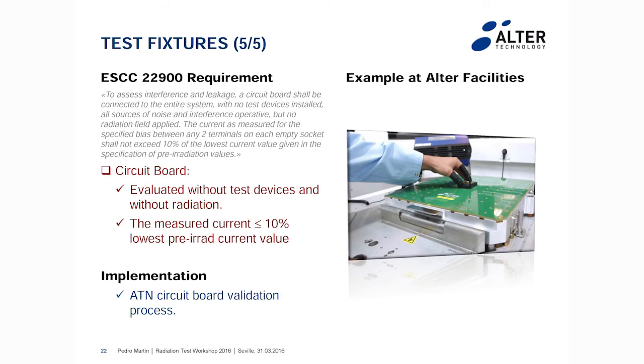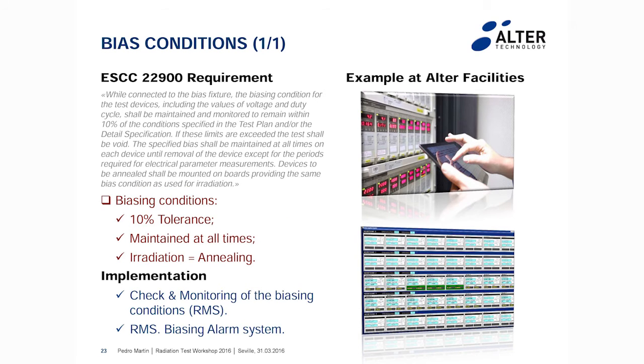The bias conditions are very important in the radiation test, of course, because we have observed that depending on the voltage applied on the components, normally the behavior is different. This voltage has to be constant during the test.